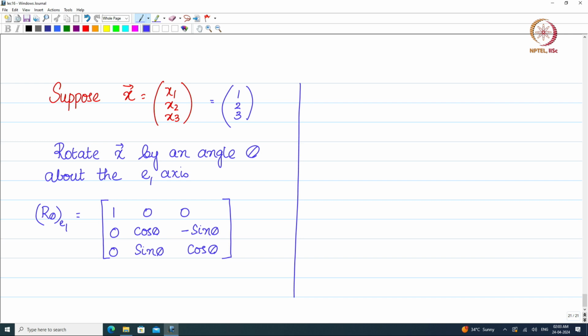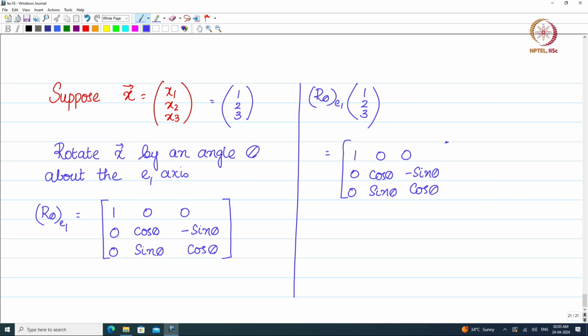Now, what is r theta E1 of 1 2 3? I am going to have 1 0 0, 0 cos theta sin theta, minus sin theta and cos theta, and that is going to act on this vector 1 2 3.